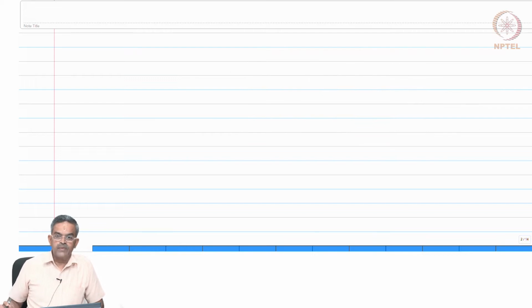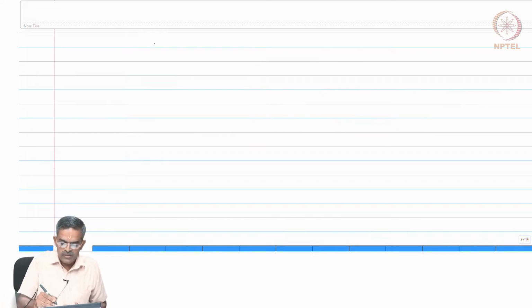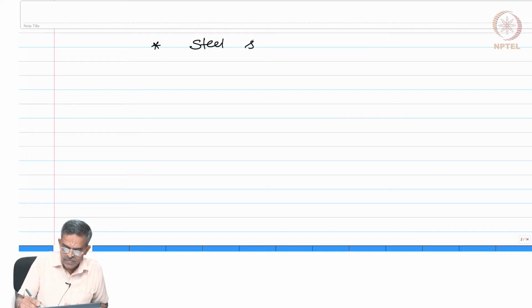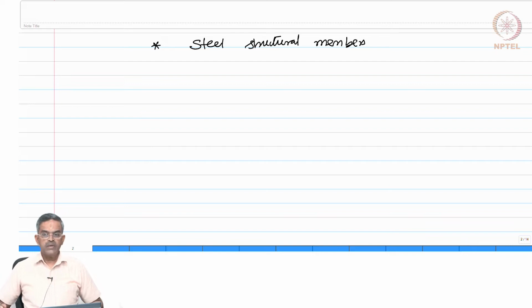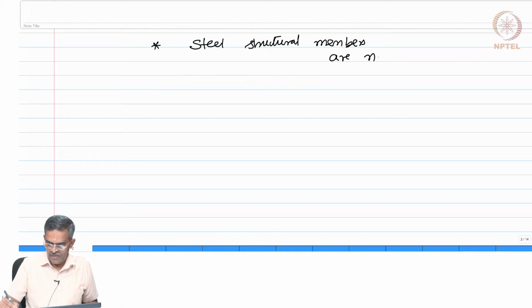So, in the last lecture we said steel structural components are non-replaceable. There is no replacement, there is no alternative on certain applications.